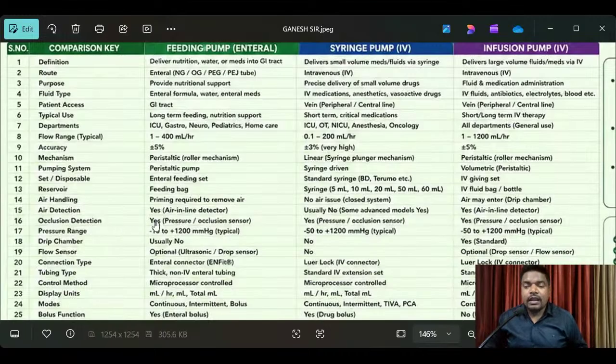See here, when it comes to feeding pumps, yes, there is a pressure occlusion sensor. If the tubing is not properly clamped, or there are bubbles or anything else, and it is not properly organized, then you definitely get alarms, because every medical equipment has high alarms and low alarms. So whenever the equipment gives an alarm, every nurse should be careful, because proper medication and proper nutrition, giving that level or not, is very important for the patient's recovery.